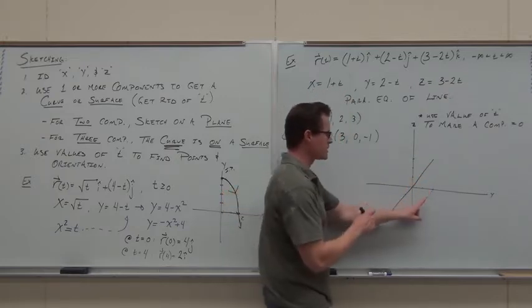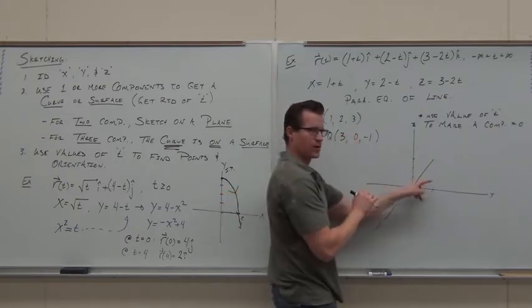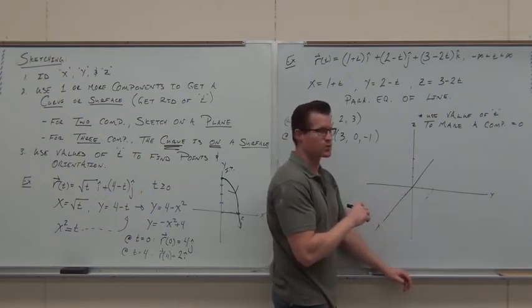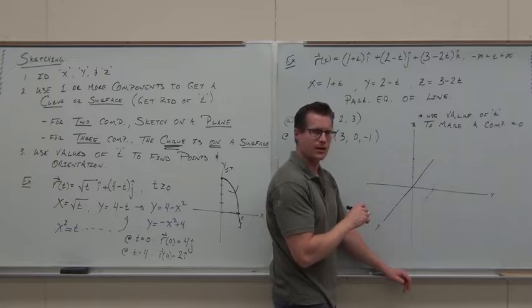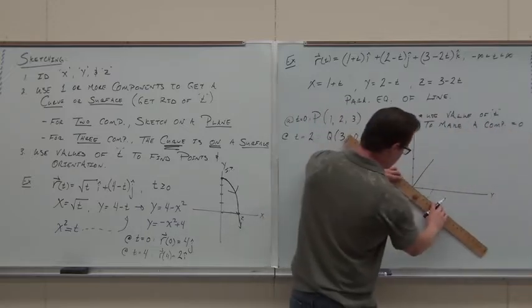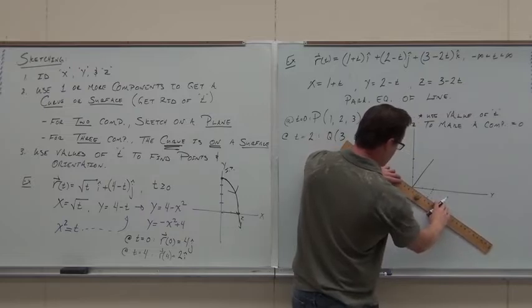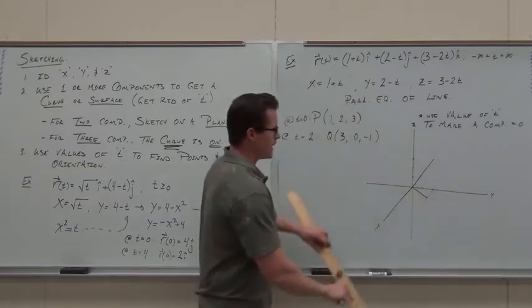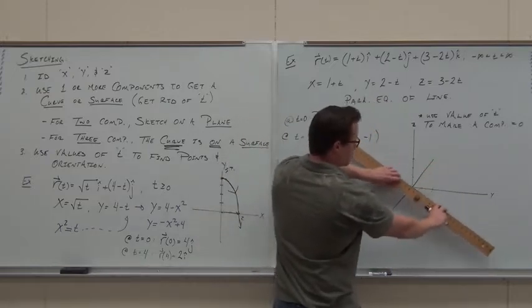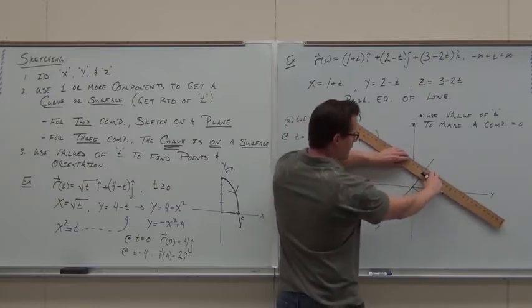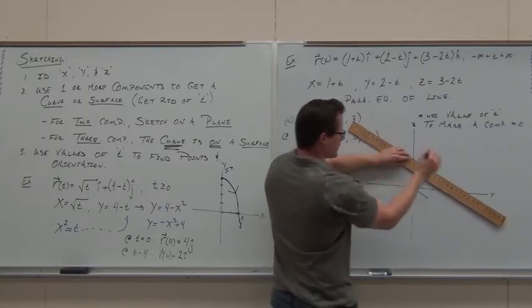We just need to translate this 3 units up. There's 2 ways to do it. Probably the easiest way is this way. Just watch carefully. I can't do it a whole bunch of times, okay? Wherever that projection is, take that, redraw something parallel to that from the height of that point.